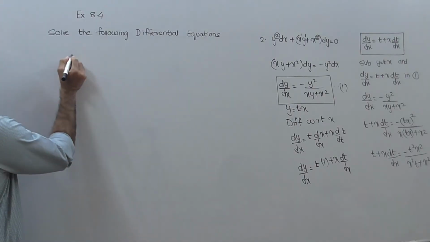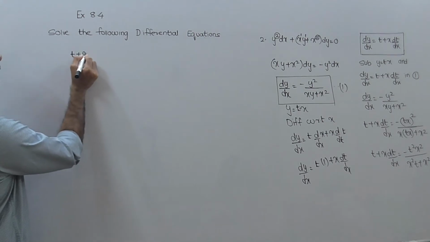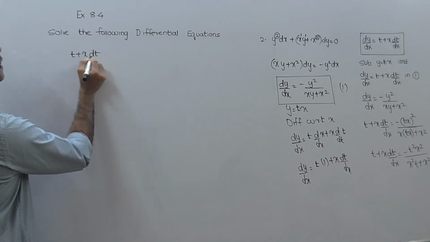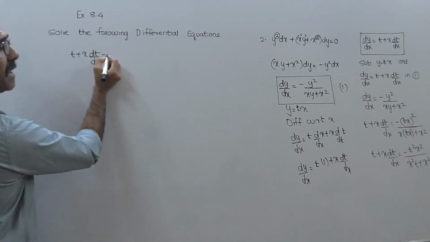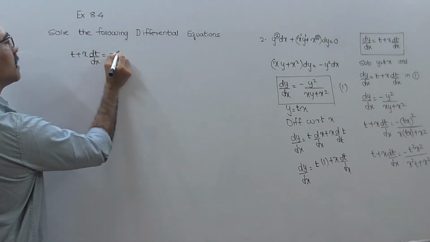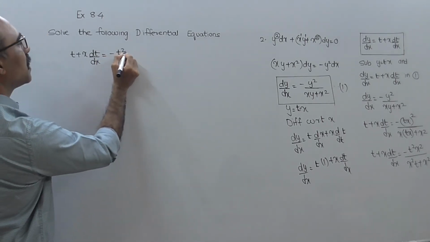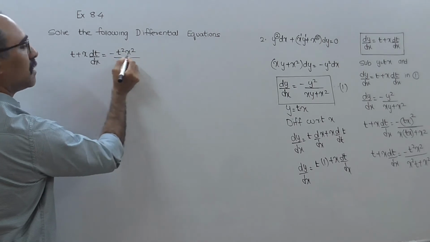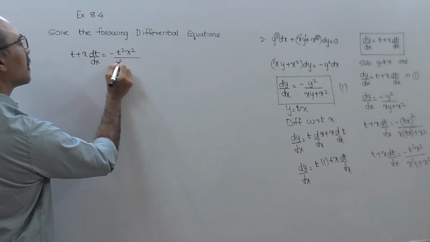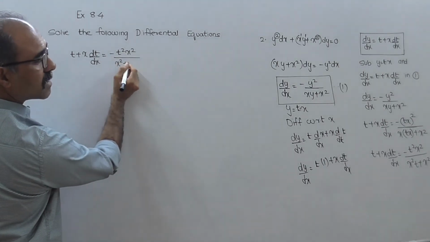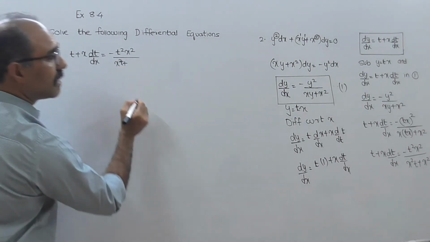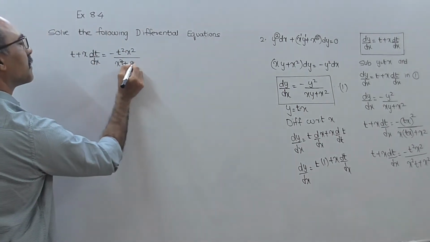I'll just copy the last step here. This is t plus x times dt by dx, and there you have got minus t square x square, the whole upon x square t plus x square.